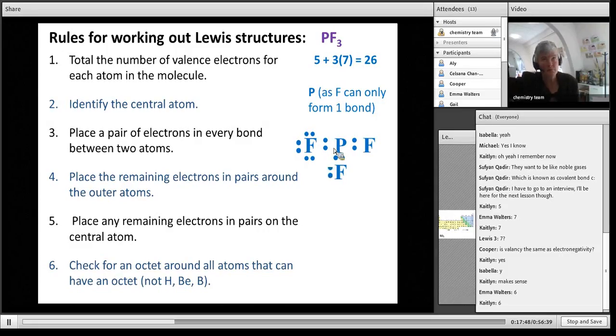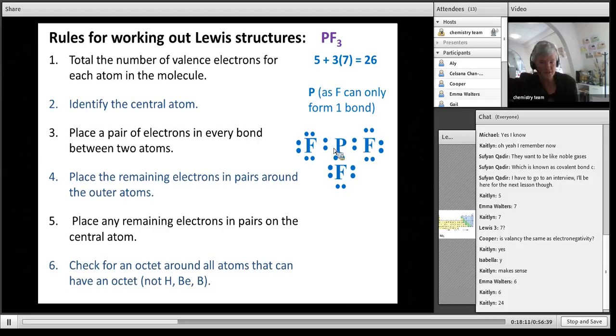So now we're 14, 12, 10. Okay. That's got an octet now around it, 8 dots. So I go to the next one. I've lost count. Well, anyway, we'll count them up now. So I've given an octet around every fluorine. And if you count there, I should have used up 24 electrons.